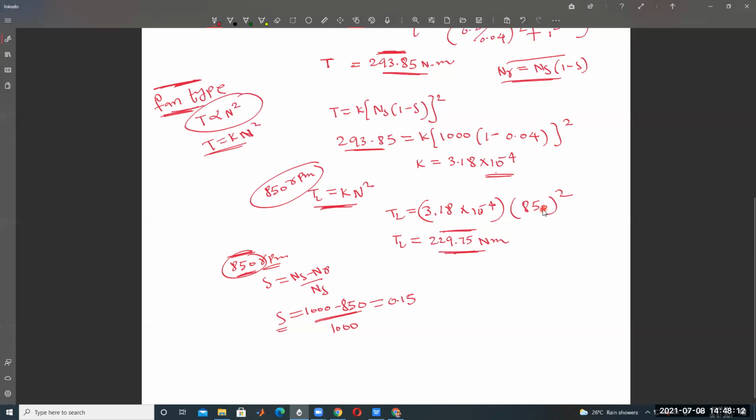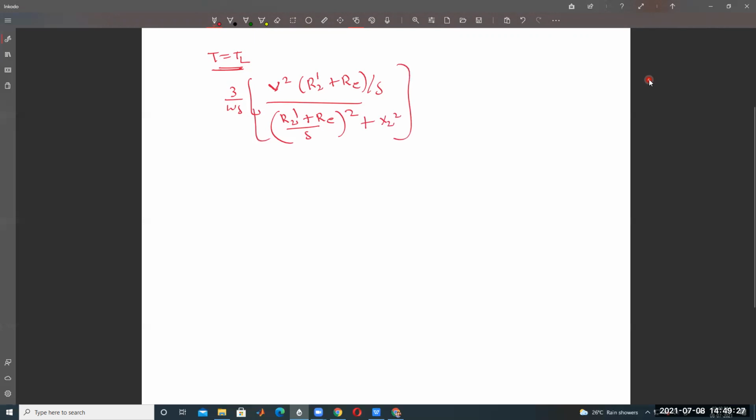Okay, so I will tell you the formula. At equilibrium condition, the two torques are the same: the full load torque is equal to the load torque. This is the torque equation.